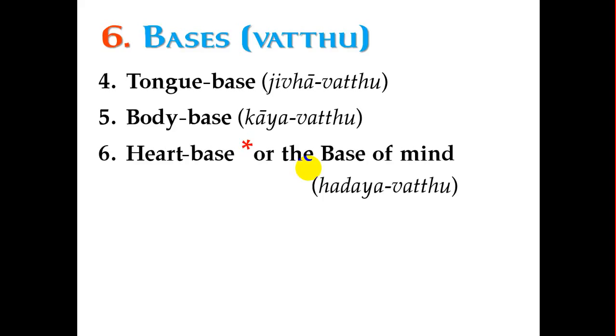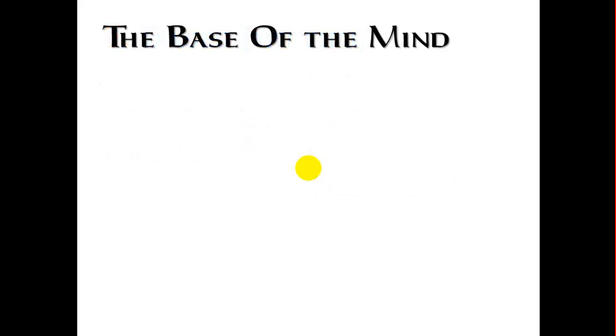But if we take it literally, heart base, the heart in our body, right? In other words, heart base. So based on the heart, most of the mind arises. So therefore, heart is very important.